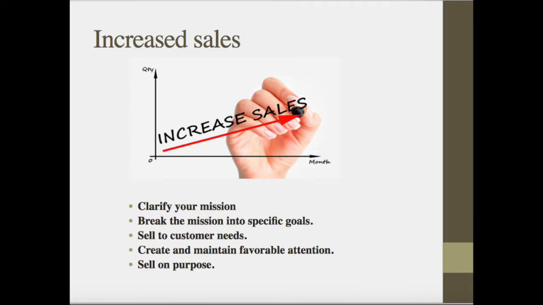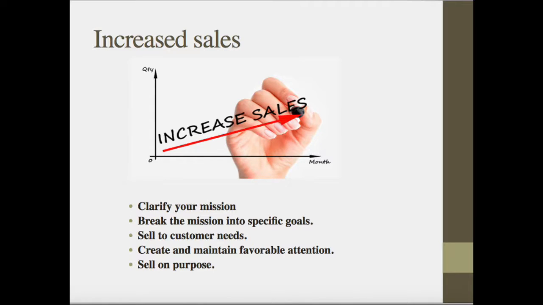The third one is sell to the customer needs. We have to always assume that your prospect will buy only what they need, and be creative in your sales and marketing always. The fourth strategy is create and maintain valuable attention.